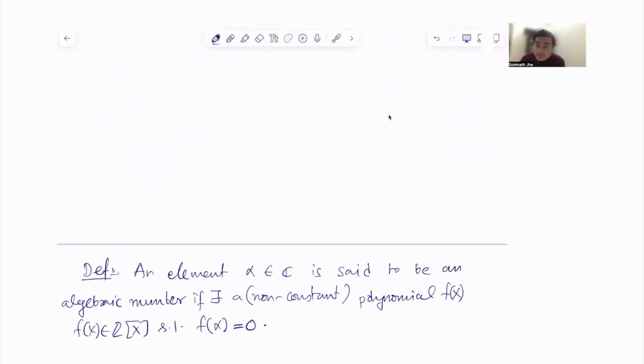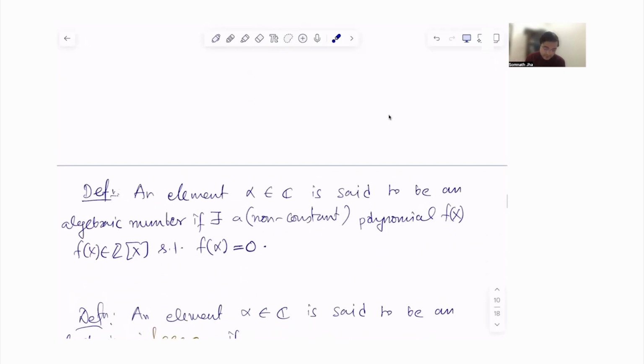Okay, next, let us recall again, the second time we are recalling, that an element alpha is an algebraic number if there is a non-constant polynomial f(x) in Z[x] such that f(alpha) is equal to 0.